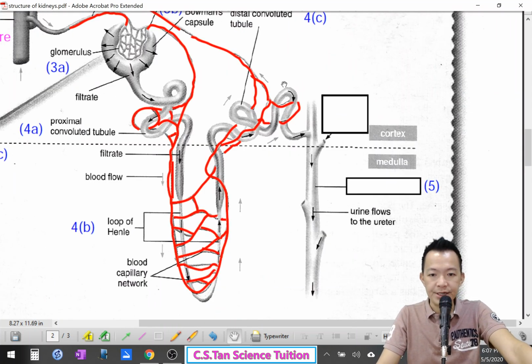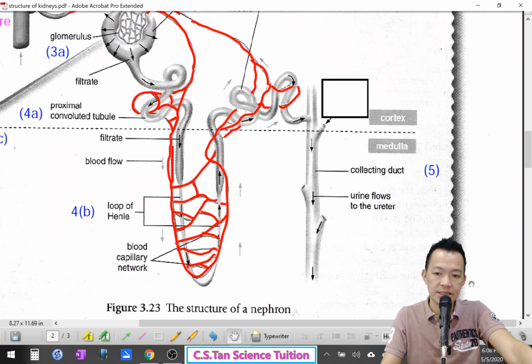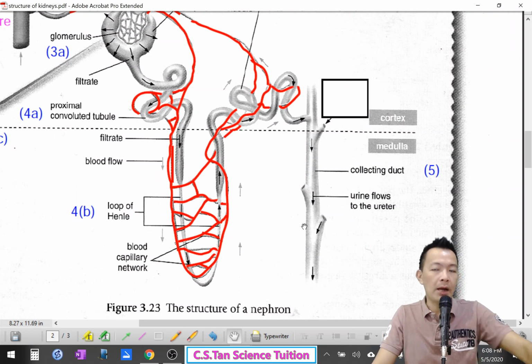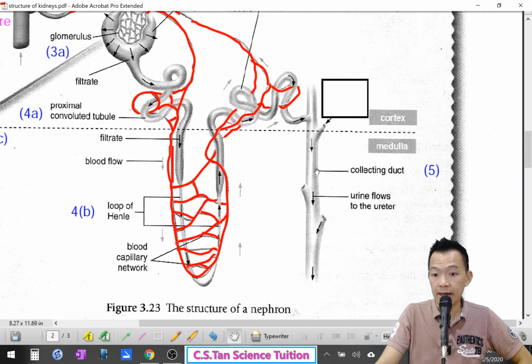But what happened to this renal tubule? The distal convoluted tubule will join together with another structure that we call the collecting duct. Okay, collecting ducts. So all the filtrate that flows out from the distal convoluted tubule will be sent to the collecting ducts. Okay, but one collecting duct actually receives the filtrate from many nephrons. So another nephron maybe here, 这边可能另外一个肾单元肾单位, carries the filtrate, and the filtrate also will be collected by these collecting ducts.